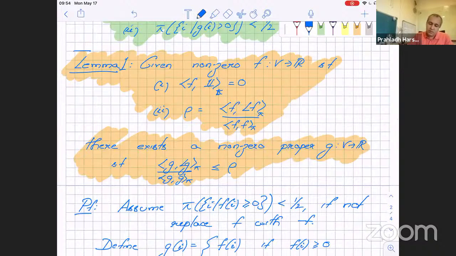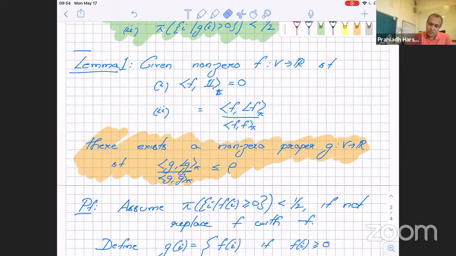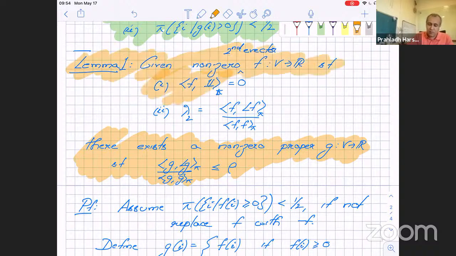So given non-zero f, and this happens to be the eigenvector. So I'm going to change this. Lambda 2, given non-zero second eigenvector. The f, I want it to be the second eigenvector, not any arbitrary function.